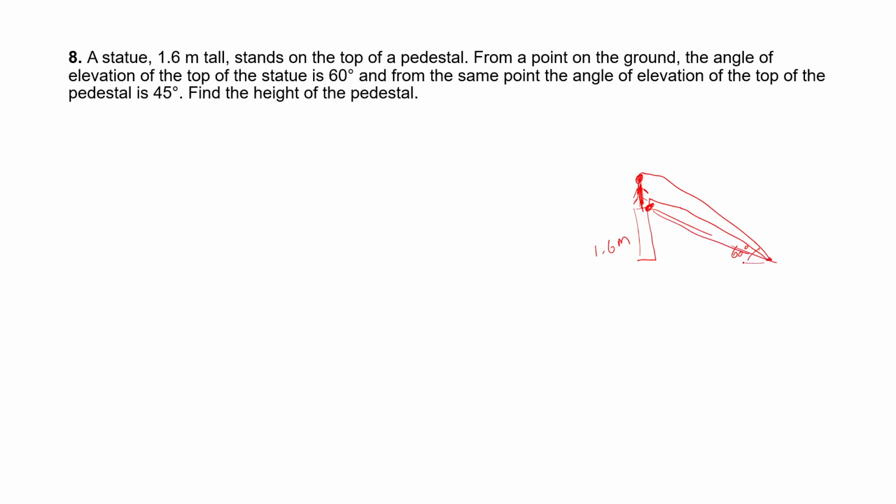So please adjust the diagram. Not this one, so I'll draw here again. One pedestal is here, and on the top there is a statue. Statue is here, and then from a point on the ground, the angle of the top of the statue is 60 degree.